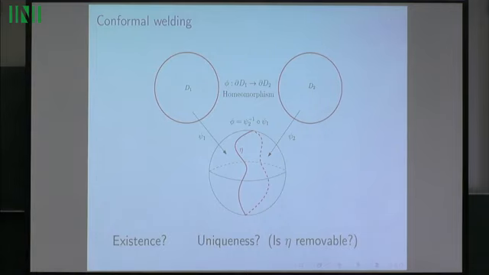This is also the same as saying that the curve eta is removable, meaning that if I have any homeomorphism from the Riemann sphere to itself that is conformal in the complement of eta, then it must be conformal everywhere. This is the definition of eta being removable, so this conformal welding problem has a unique solution.